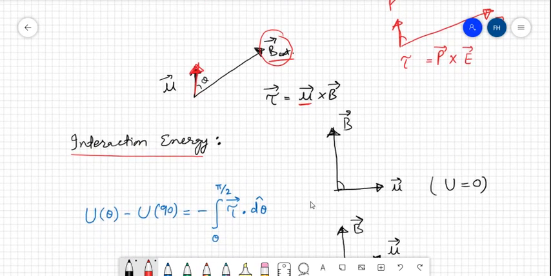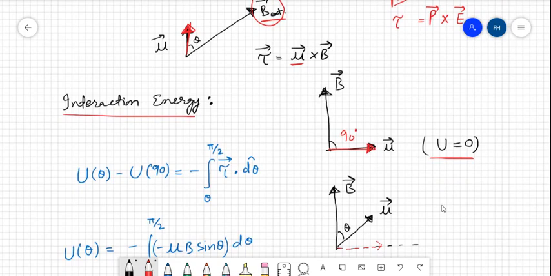First of all, we assume that if our dipole moment is in the position where the angle between the external magnetic field and mu is 90 degrees, then it is the zero energy configuration, that is, U equals 0. If mu is oriented at any other angle theta, then we can also find the energy.